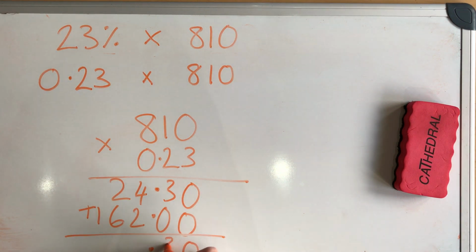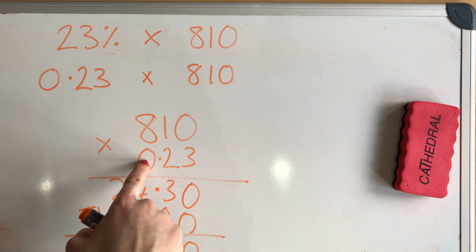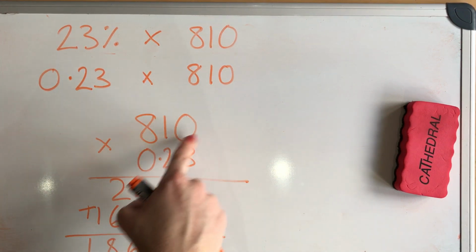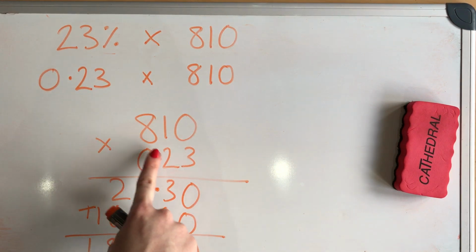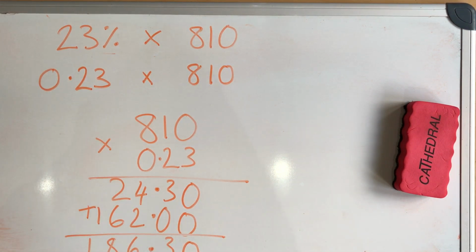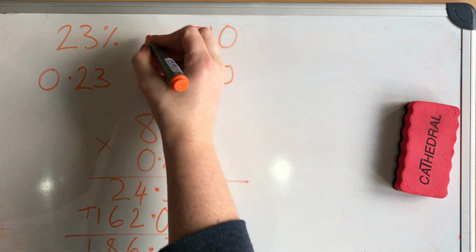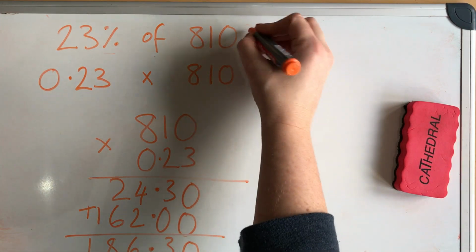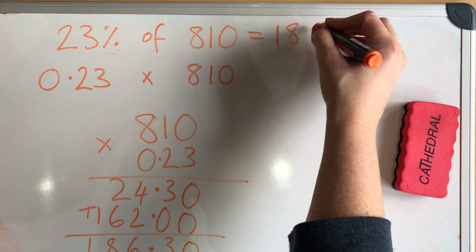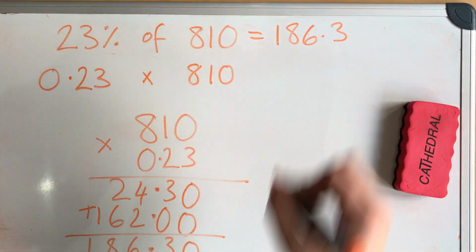So now I've got 0, 3, 6, 8, 1. Now you'll notice that I didn't do anything with that 0 because 0 multiplied by anything is 0. So I'm just ignoring that. So my answer is 186.3. So 23% of 810 equals 186.3.